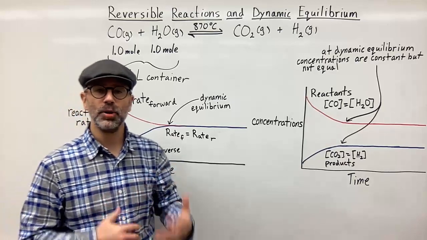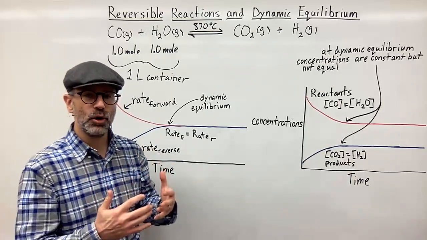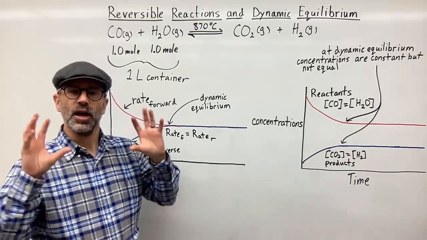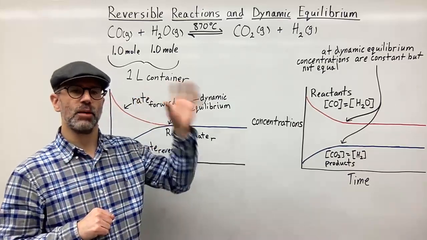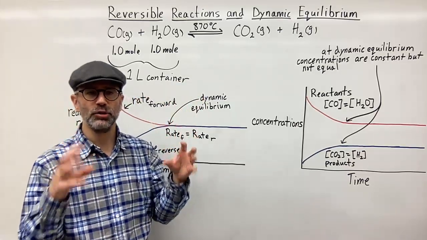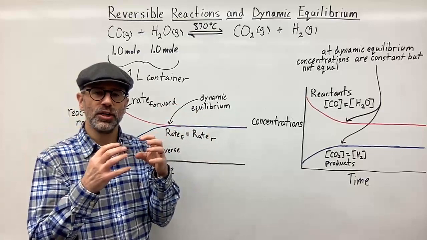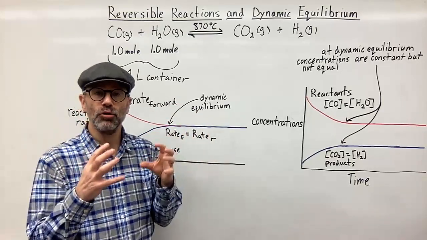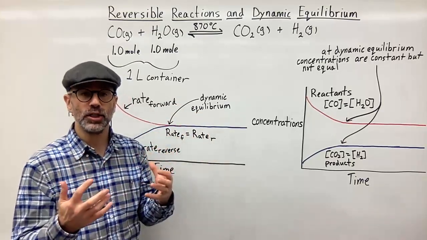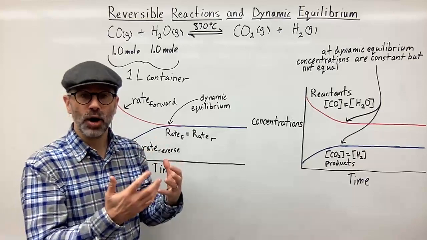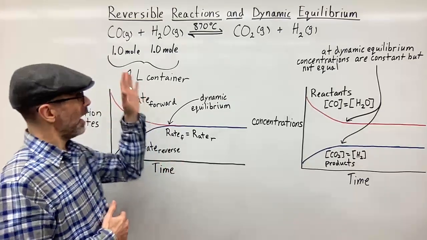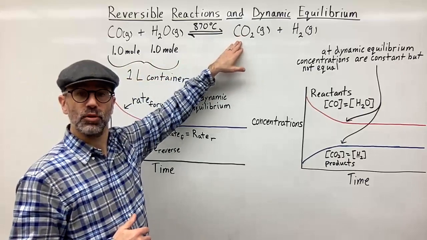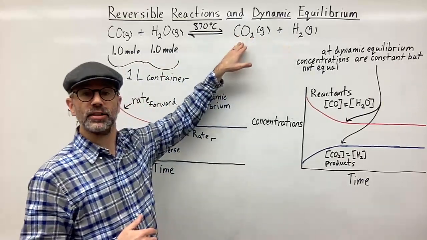So what's going to happen over time? So as time goes on, the reactant molecules, the carbon monoxide and the water vapor molecules, they're going to collide with each other. And some of those are going to be successful collisions, meaning they're going to form product. So as time goes on, more and more product is going to form.